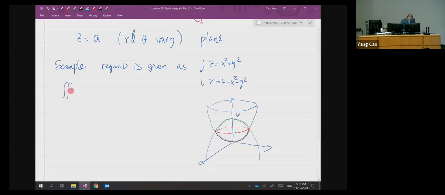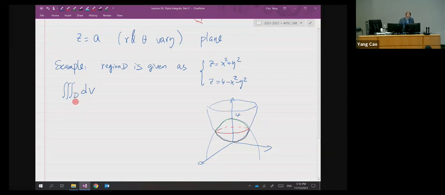And let's say I'm interested in finding the volume of this region D. Right now the integrand here is 1, so basically the function f is 1. If function f is 1, then the result of this triple integral gives us the volume of this region D.